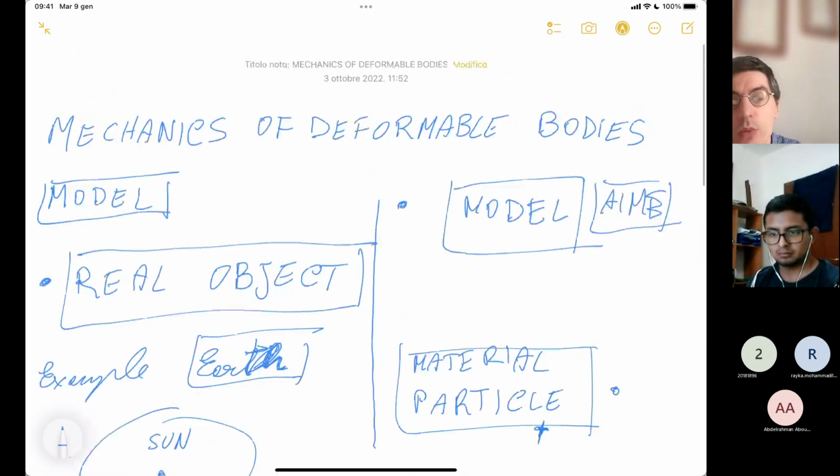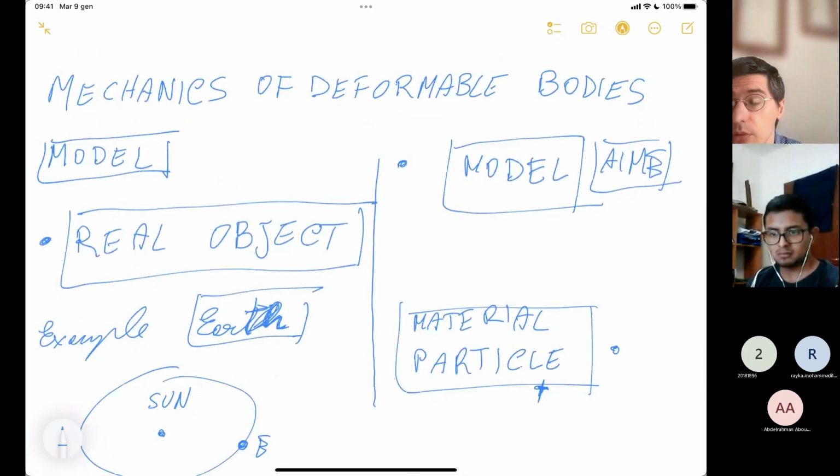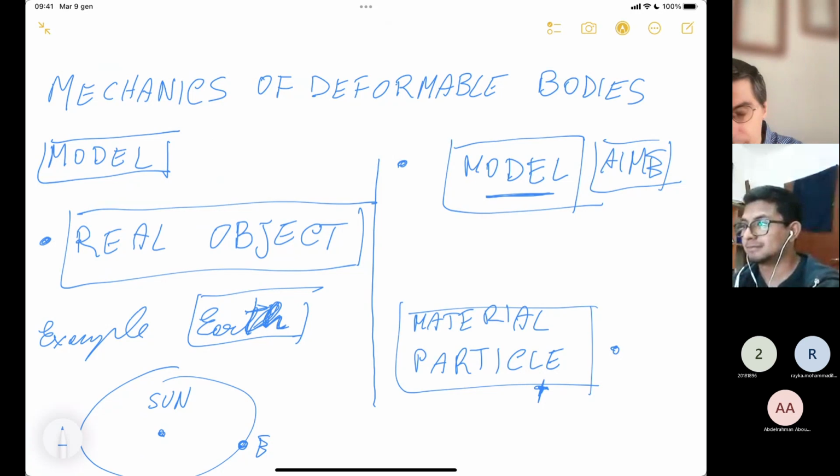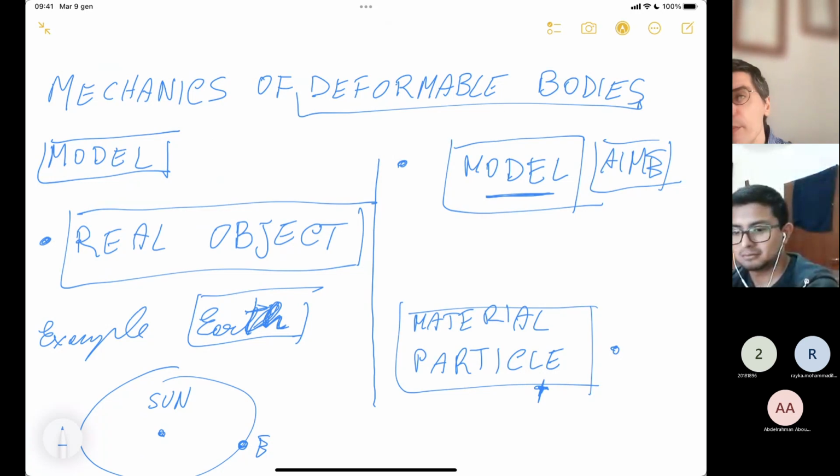And what we try to do in our course is to build a model, a few models, we will see some examples, that are able to describe deformable bodies in some particular situation. So you will see that the same object can be described with different models.